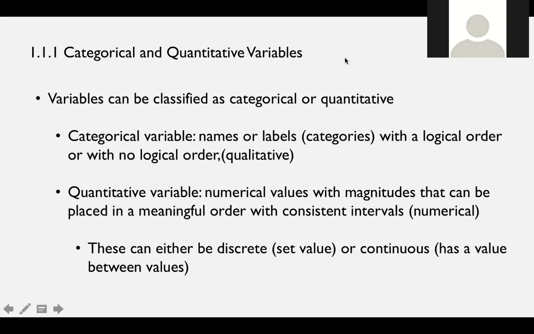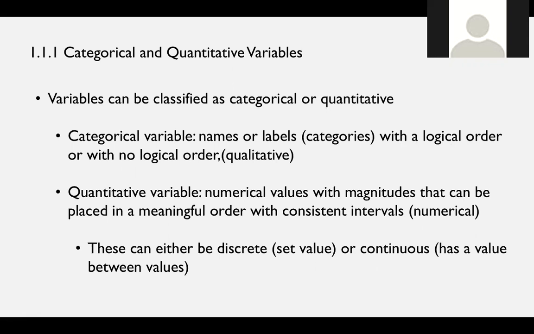So you can split quantitative variables into either discrete or continuous variables. A discrete quantitative variable has a set value, and a continuous quantitative variable has a value between values.